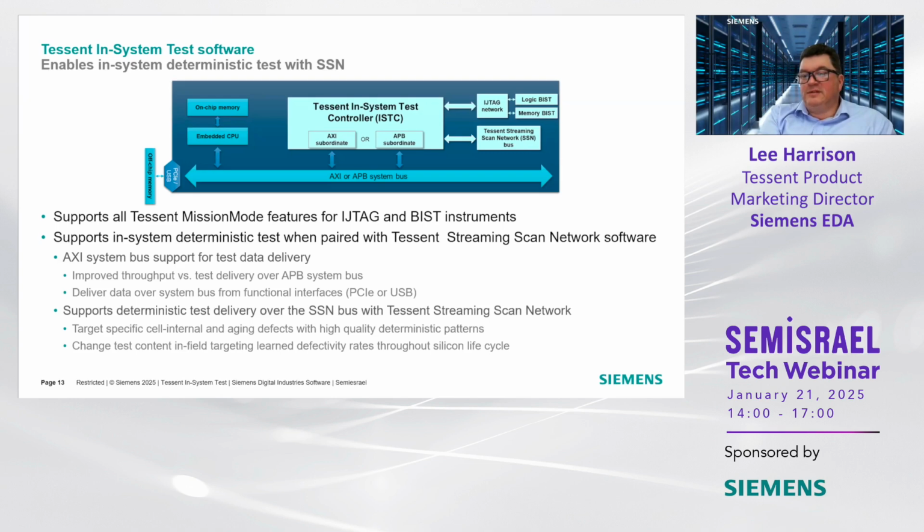To achieve the speed requirements of SSN, so obviously delivering high-speed ATPG test patterns requires more bus speed than typical IJTAG. We support AXI. So in addition to the APB interface that was there with Mission Mode, we have added an AXI subordinate interface. So you can now deliver your test patterns at the same speed as you would deliver your SSN at manufacturing.